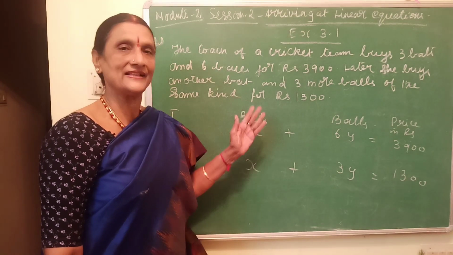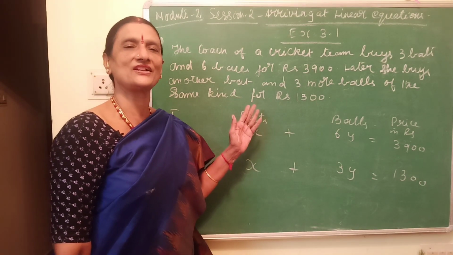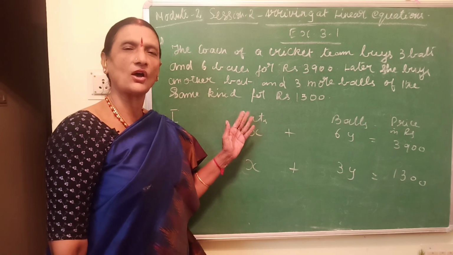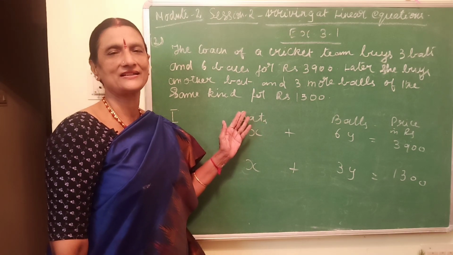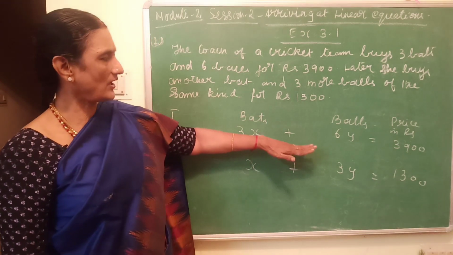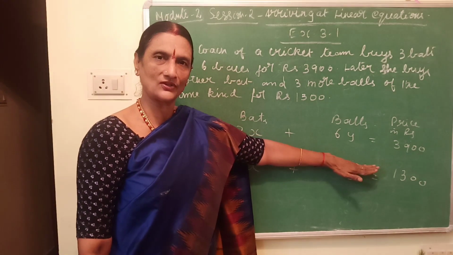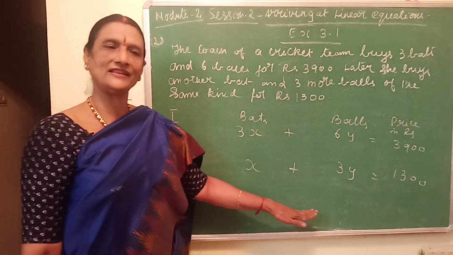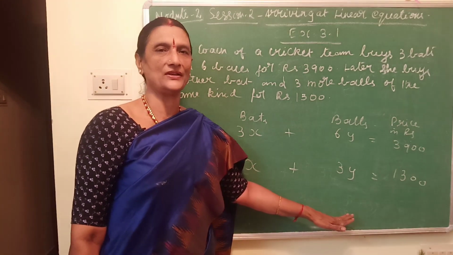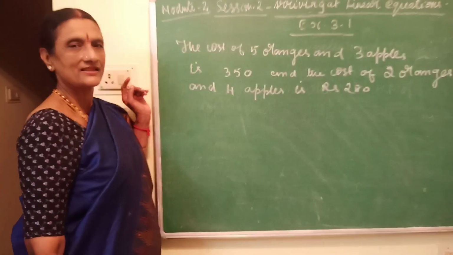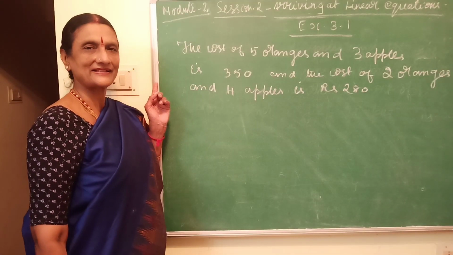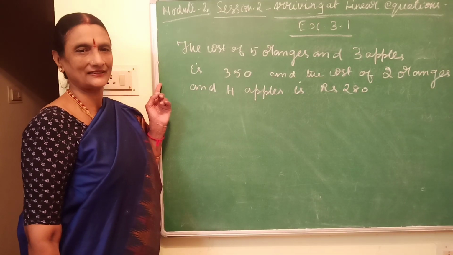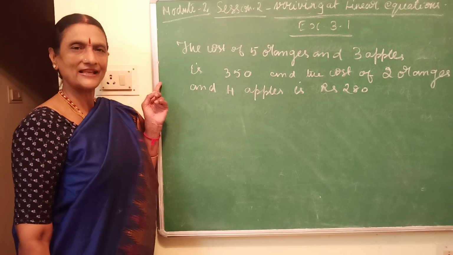But about this I will elaborate in the session when we actually do the solving of linear equations in 2 variables. As of now, 3x plus 6y is equal to 3,900 is equation 1, and x plus 3y is equal to 1,300 is equation 2. The third sum in that exercise I am going to give as homework. You have to try yourself.